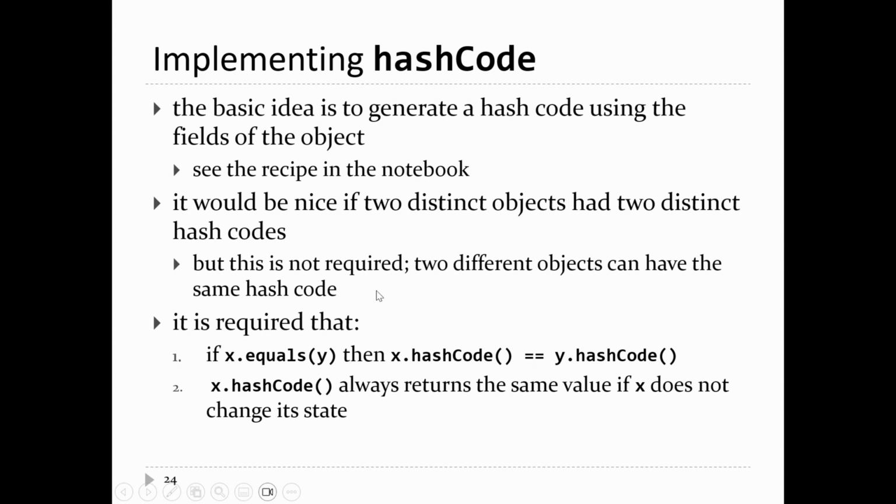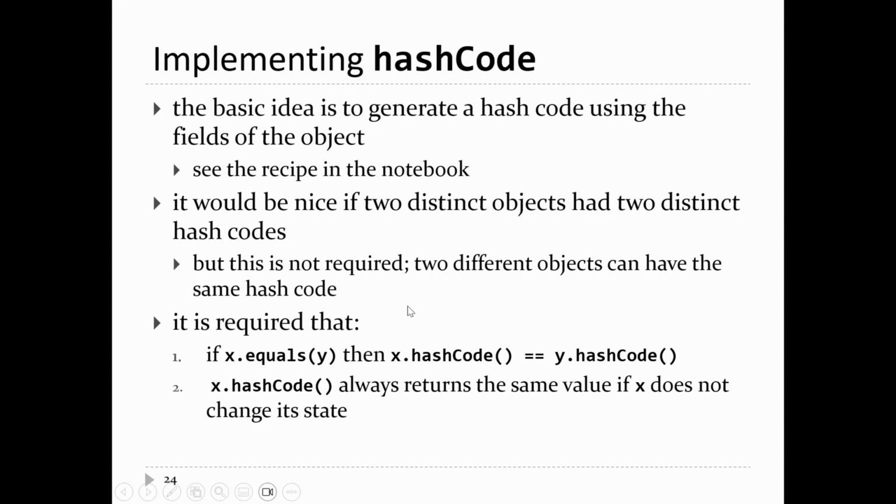There's only a limited number of ints, and hashCode returns an int. If your object has two double fields, there are many more distinct objects than there are int values. So it must be the case that some unequal objects will produce the same hash code. You can't avoid that in general.